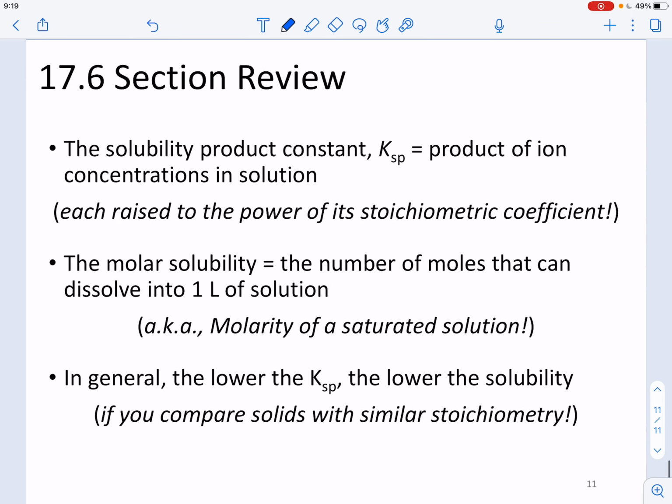Now, in review, what is the solubility product constant? Well, it's just the product of the ion concentrations in solution. It's not so simple, because you have to pay attention to the stoichiometry of the dissolution, or ionization, reaction. So it's the product of those ions, raised to the proper stoichiometric coefficients according to the balanced chemical equation.